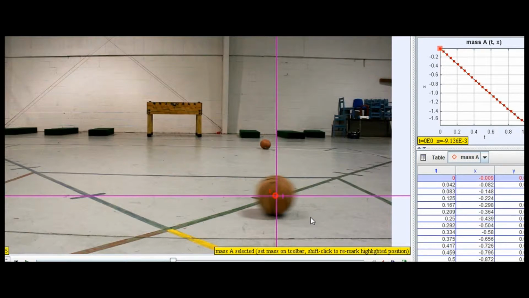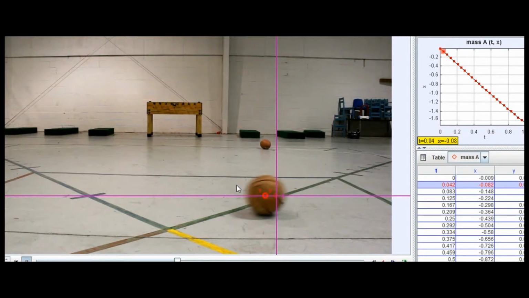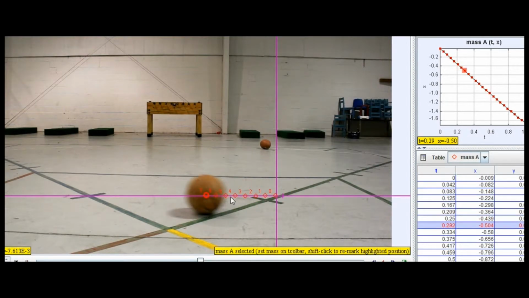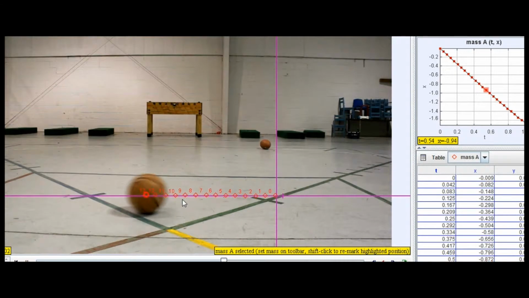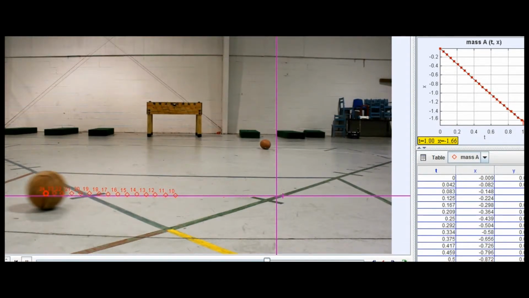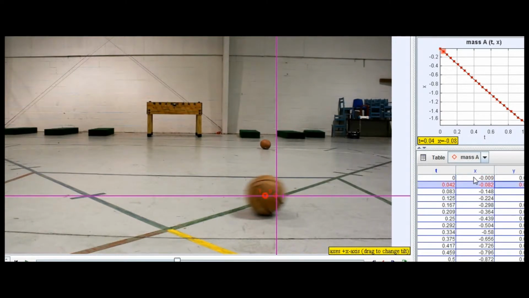Okay, so here's my experimental data with the basketball movement. As you can see, it's heading in the negative x direction, and it seems to be moving at a constant velocity. Over here we can see the table, with the initial position of negative 0.009 and the initial time of 0.